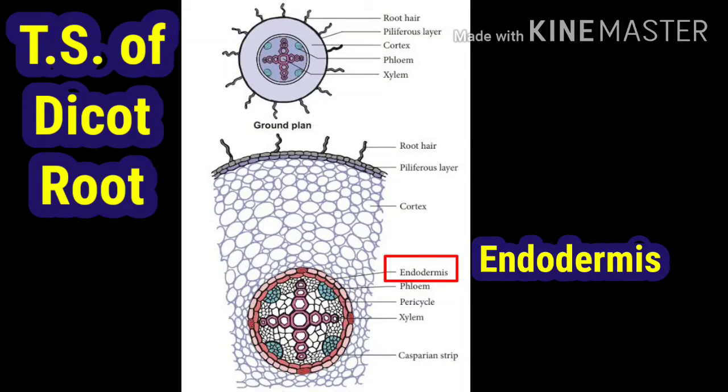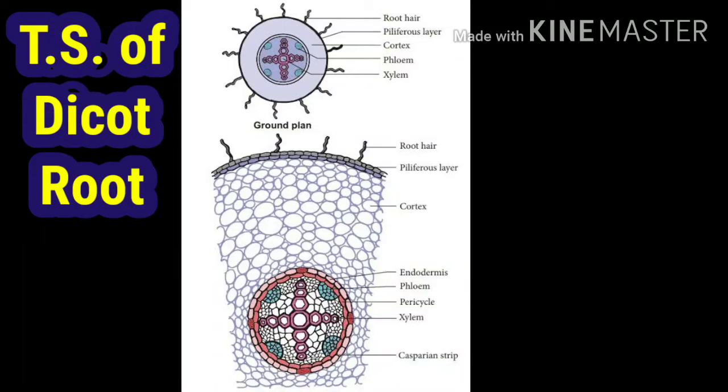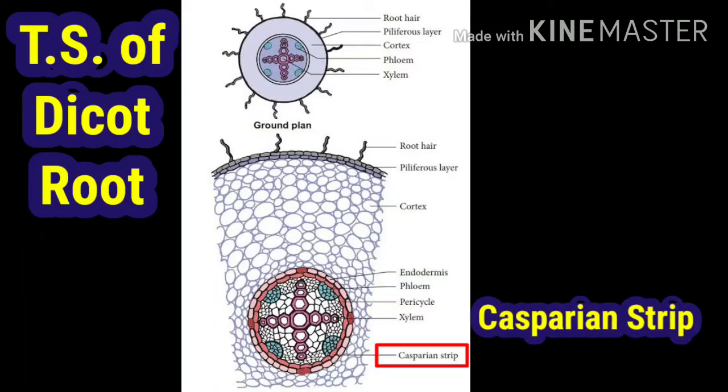The cells are barrel-shaped, closely packed and show band-like thickenings on their radial and inner tangential walls. It is called Casparian stripes. It helps in the movement of water and dissolved salts from cortex into xylem.